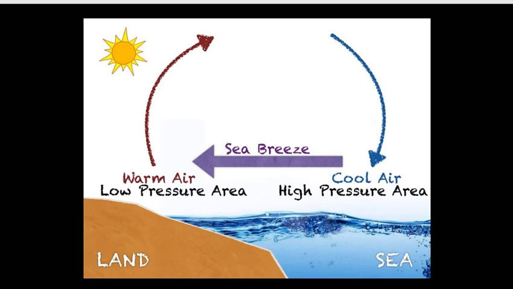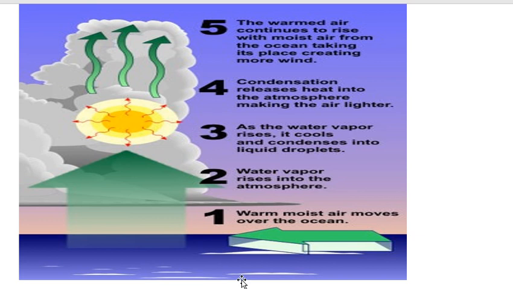Let's say the water here, warm water. On the oceans, during summer season or whenever the sunlight is more intense, the water becomes warm. It rises and becomes water vapor. The water vapor rises and condenses and forms clouds.